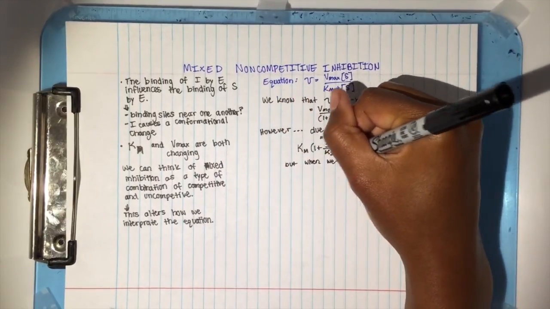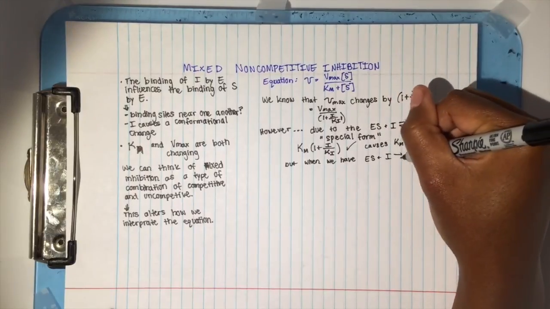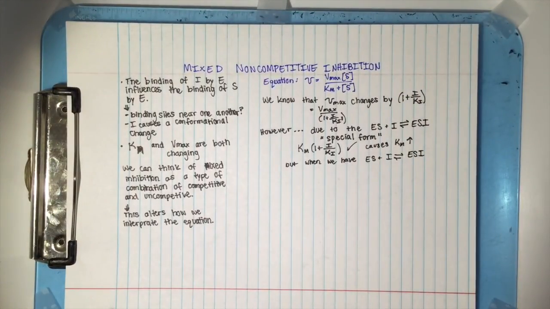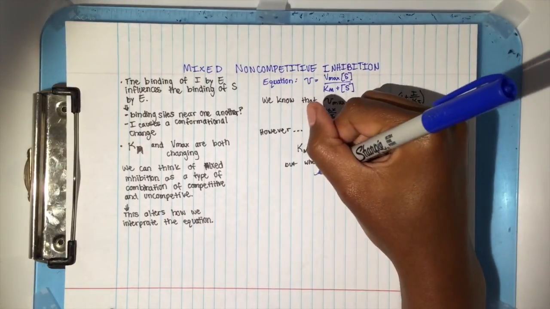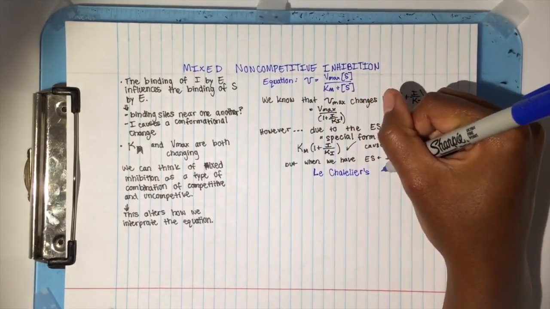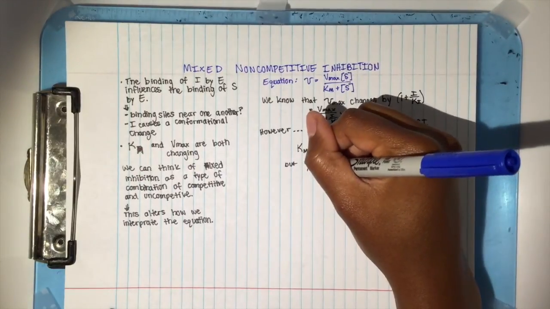But when we have our weird mixed noncompetitive situation with our ternary complex, a different principle comes in, and that principle is called Le Chatelier's principle, which you may remember from the Chem 2 series.